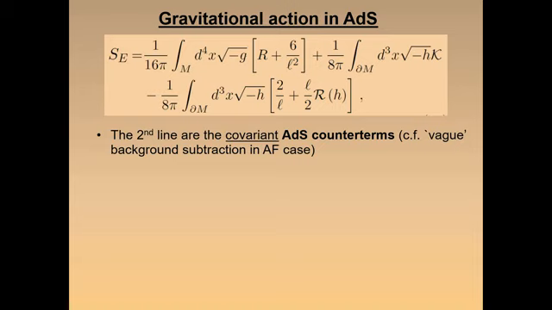Everything is expressed in terms of invariants on the boundary. I have something like a cosmological constant on the boundary, the Ricci scalar on the boundary, and so on. Including these terms guarantees that your action will be finite and well-defined, in the sense that it yields a well-posed variational principle with Dirichlet boundary conditions.